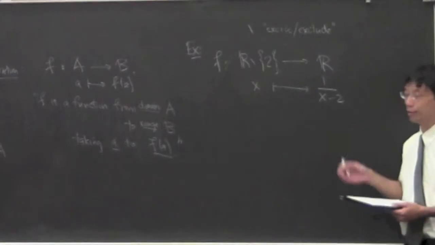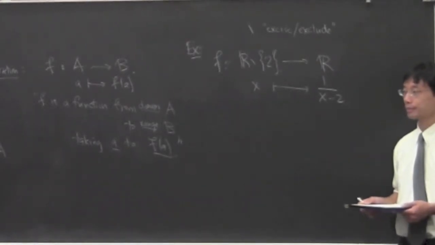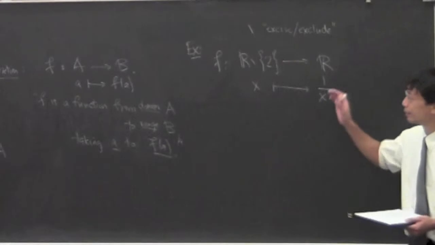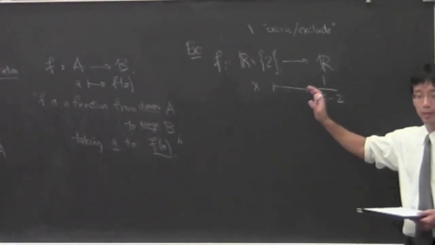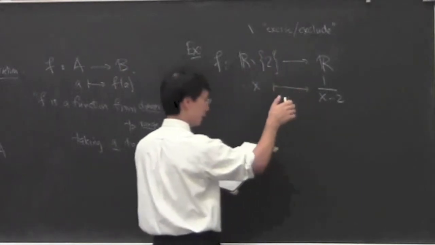Like I said, this is the long way of writing this. So f is the function taking x to 1 over x plus 2. It has domain this and range that.